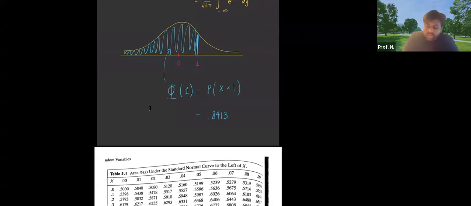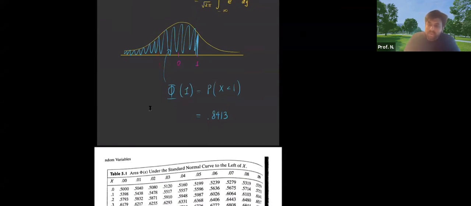So the probability that my random variable is less than 1 standard deviation above the mean would be 0.8413, which would be approximately 84% of the time. So you also have to worry about 1 standard deviation being below the mean, which would be at -1, and so on.